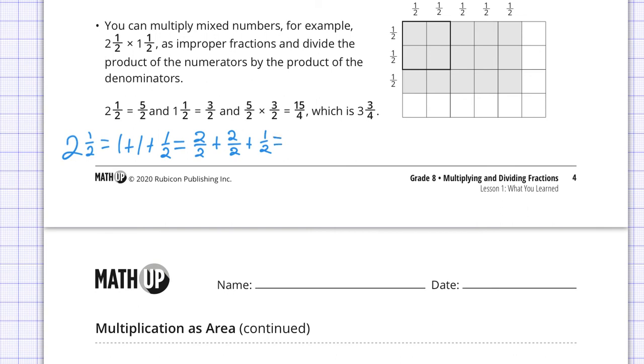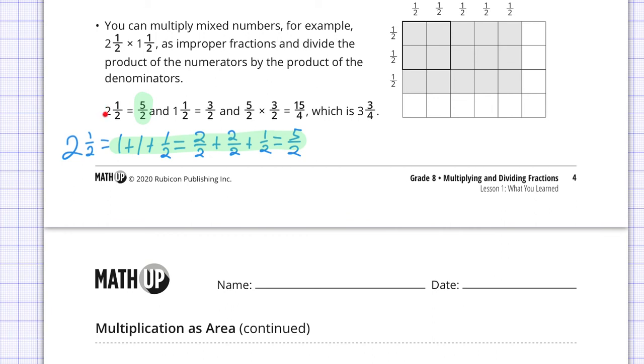So eventually that equals 5 halves. So all of this is just to say that that equals that, right? It's a long way to get there. The easier way to get there quickly, I like to think of it that way.